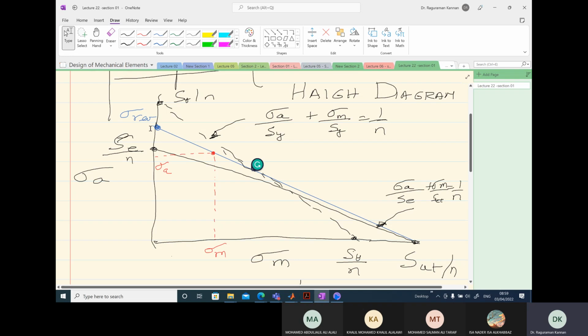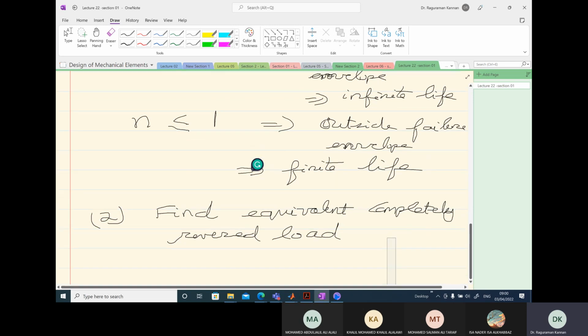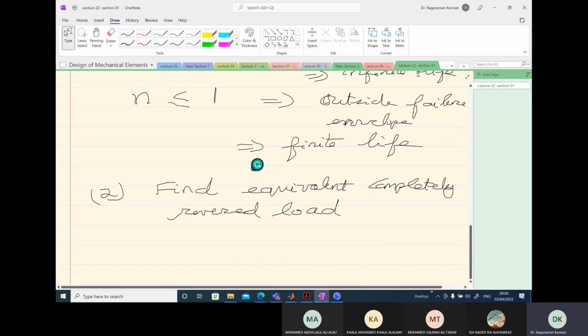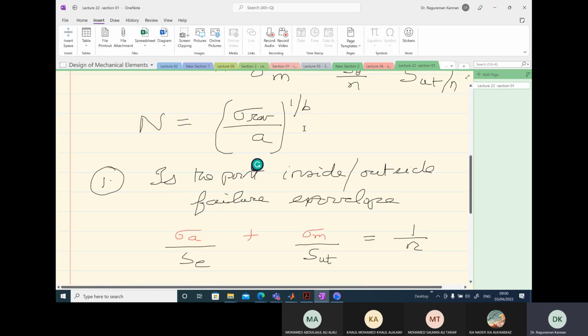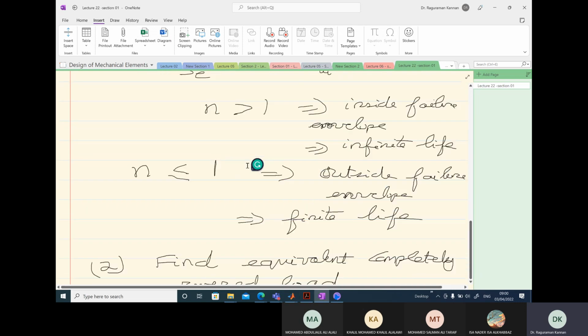Now, how do I find this sigma reversible from the equation? It's very easy. I write my equation again, but instead of writing it for the black Goodman line, I write the equation for this blue line. The blue line will have an intercept sigma reversible here.